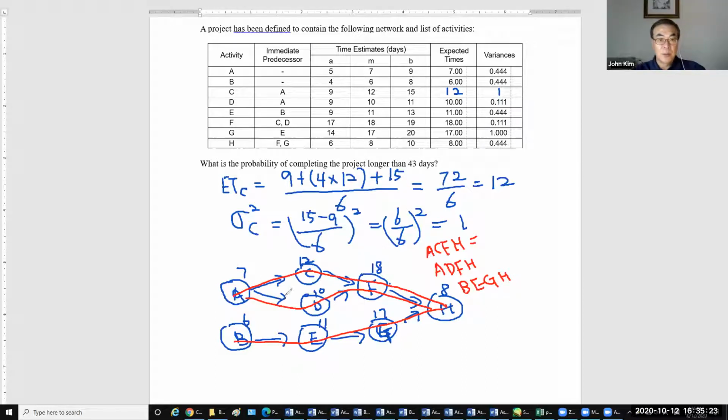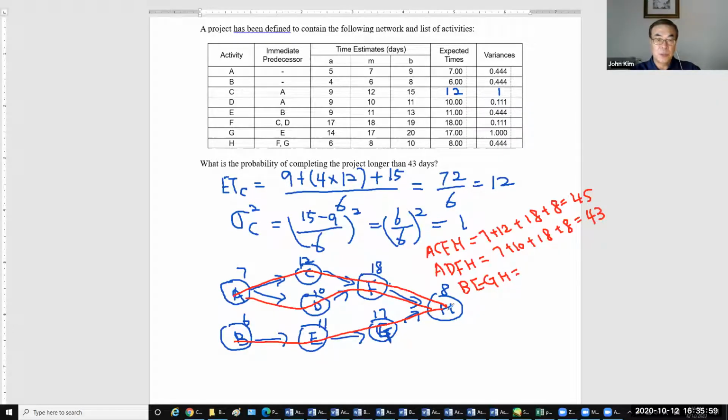Then activity times: 7 plus 12 plus 18 plus 8. That will be 45. Then ADFH: 7 plus 10 plus 18 plus 8 equals 43.